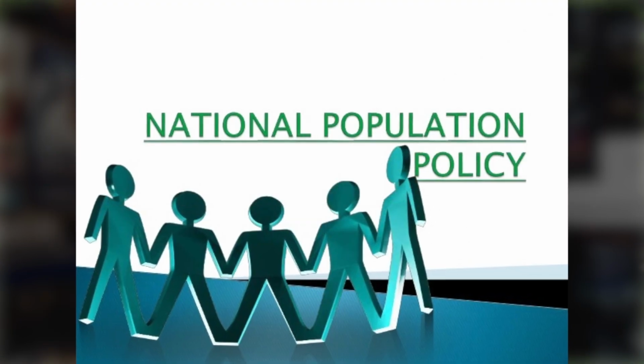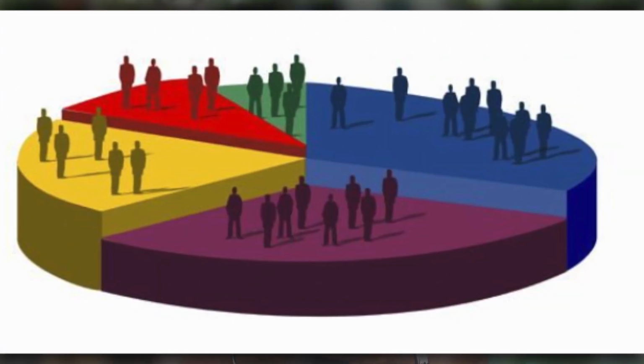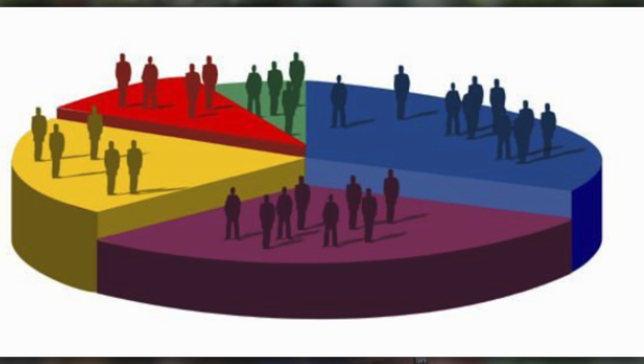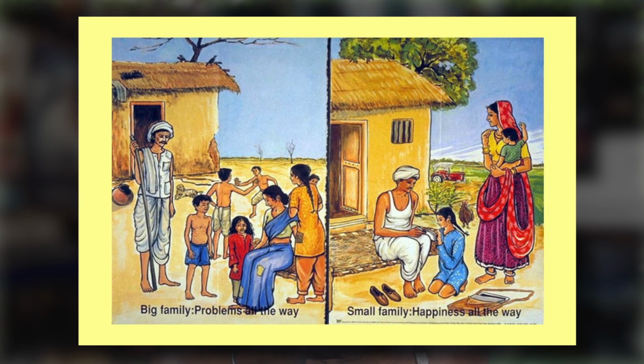The first statement regarding the national population policy was issued by the government after careful review of the demographic trends and of the family planning program in 1976. This was followed by the 1977 policy statement on the family welfare program.